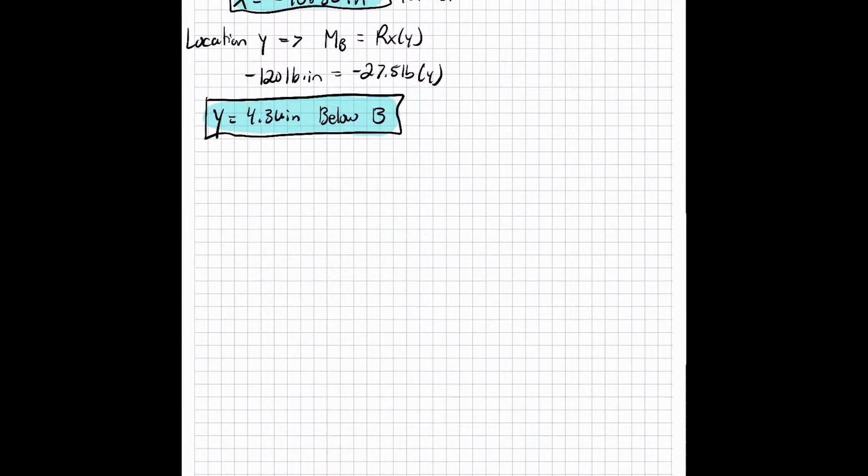To help visualize what this is doing, we have our diagram. We have points A, B, C. We have our x direction, which I'm going to label as x, and we have our y direction.